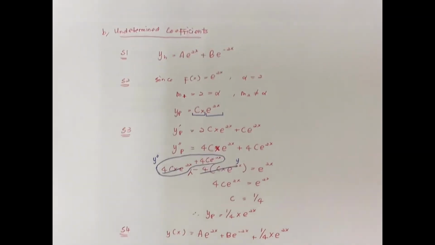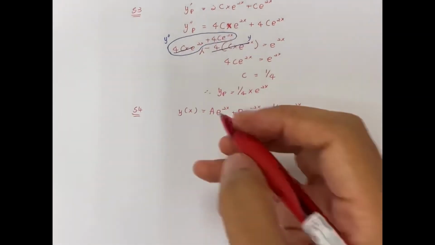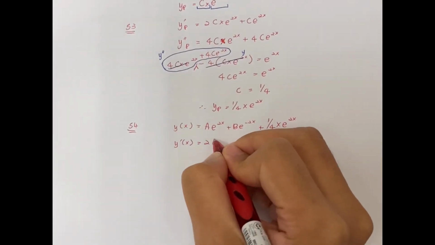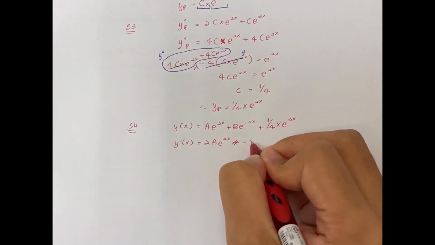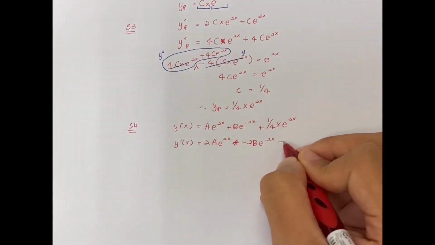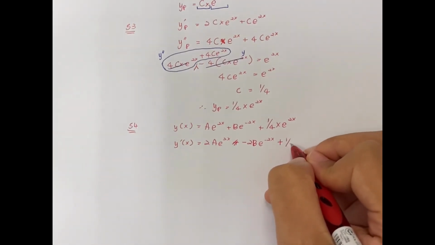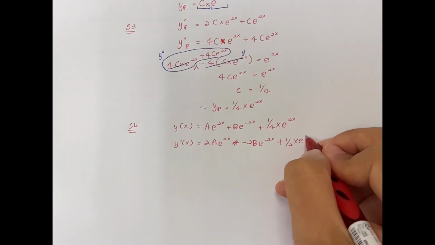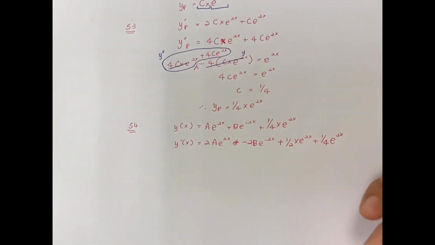Again, for the initial value problem, you need to find what is y prime. So y prime x is equal to 2A e^(2x) minus 2B e^(-2x) plus 1 over 2 x e^(2x) plus 1 over 4 e^(2x).